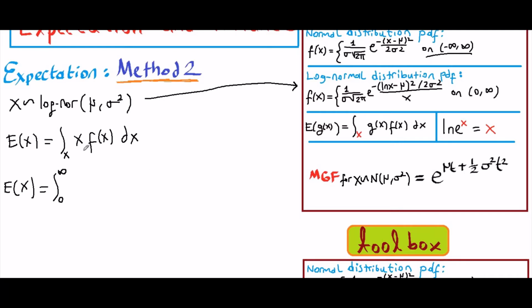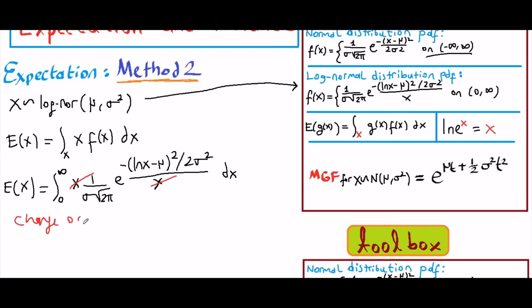So let's rewrite using this definition: x times the PDF, which is 1 over sigma times square root of 2 pi, e to the negative ln of x minus mu, the quantity squared, divided by 2 sigma squared, all divided by x, dx. We can simplify this x and that x, and we can use a change of variable.